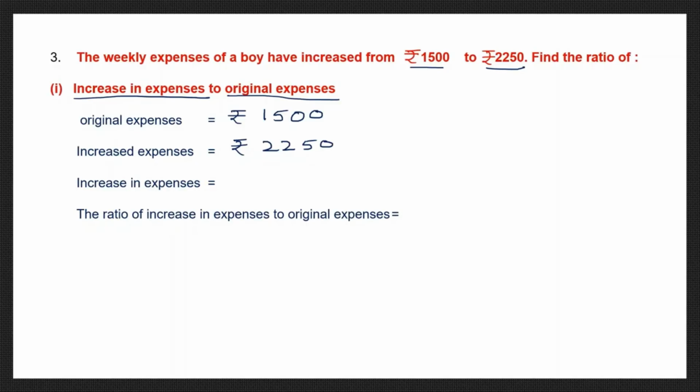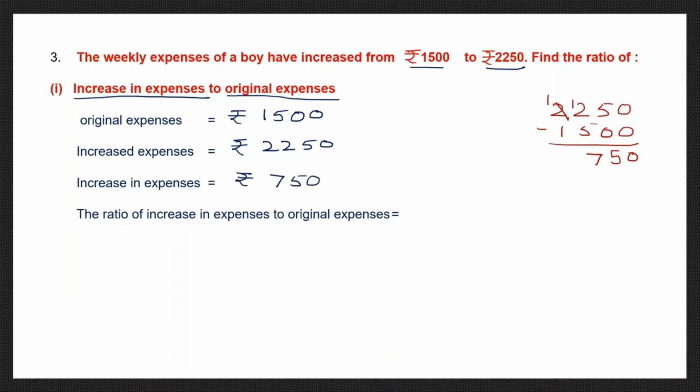So first let's find the increase in expenses by subtracting 2,250 minus 1,500. 0, 5. Now this is 1, 12 minus 5 is 7. So the increase in expenses is 750.